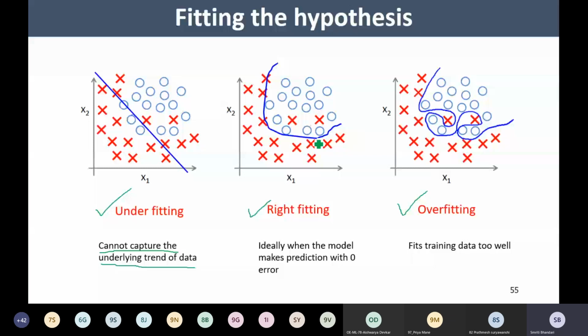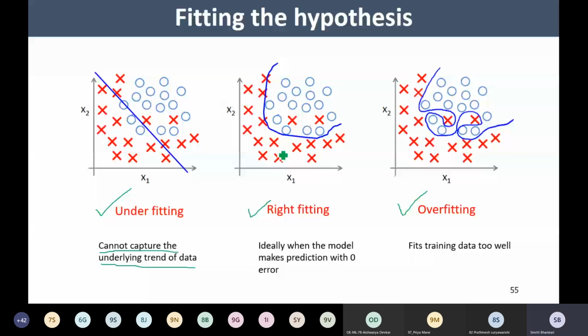But it may happen that this is the generalized function, and it may provide good accuracy for my model, right? Ideally, it may happen that my model makes predictions with zero error. And if this is the case, then that kind of hypothesis is the good fit, or the right fit.